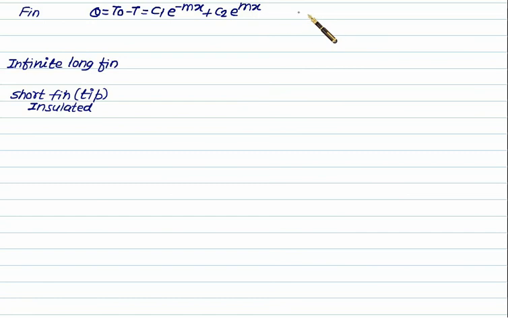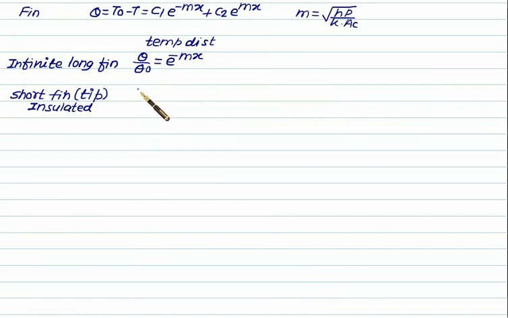Here m is a parameter and is obtained as the square root of h into p divided by k into Ac, where p is the perimeter, A is the cross section area, h is the heat transfer coefficient, and k is the thermal conductivity. These constants can be obtained for an infinitely long fin and a short fin. The temperature distribution in the case of an infinite fin is given as theta upon theta 0 equal to e to the power minus mx.